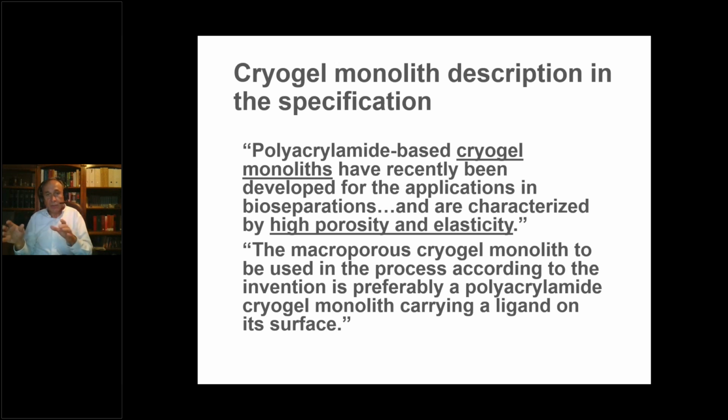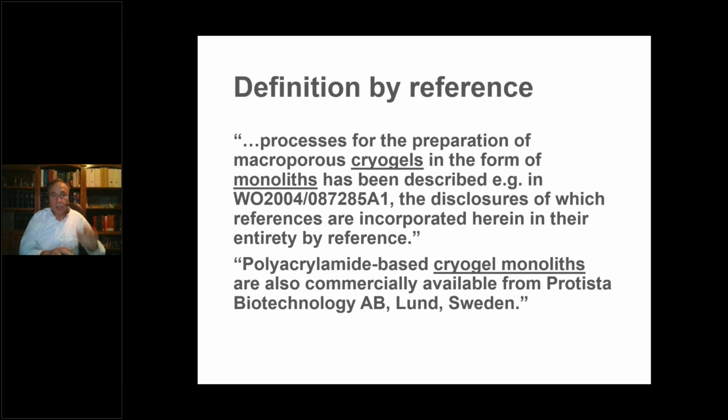And this is a dirty trick that people that write patents play, whereby you can take another complete document and pump the whole contents of it into the patent application, and everything that's in this gets stuck into that. So every definition in this second patent or patent application is baked into this patent application. So that's exactly what they did. They talked about how to make it, and they referenced this patent application.